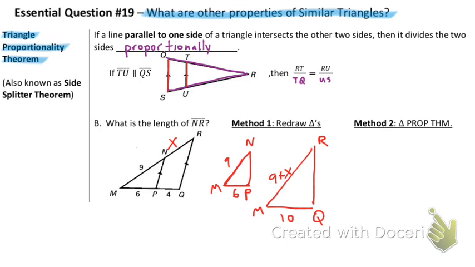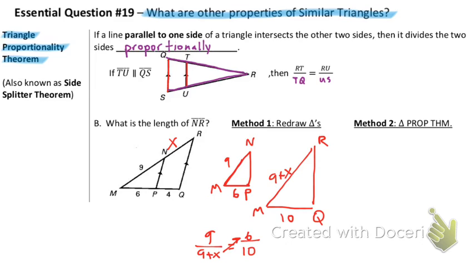Okay? And then we would have to match sides and set up a proportion. So it would look something like this. We'd go 9 over 9 plus X equal, so 9 matches with 9 plus X, so 6 would match with 10. To solve for X, which is NR, we would cross multiply and solve.